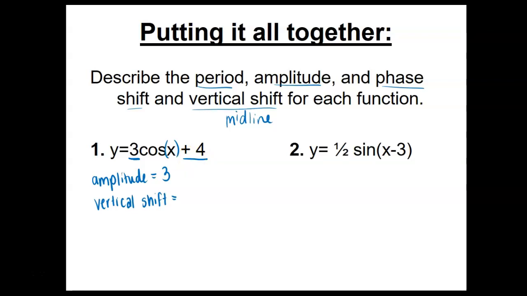Not to the left, because it's not inside of the parentheses. So it's up or down. Okay, so this one is going to go up 4. And that means if it goes up 4 that our midline is at y equals 4.